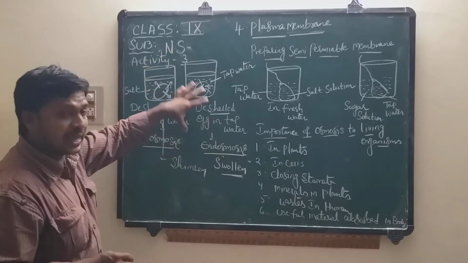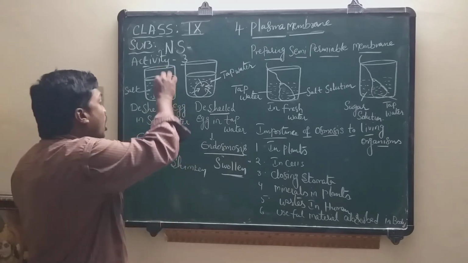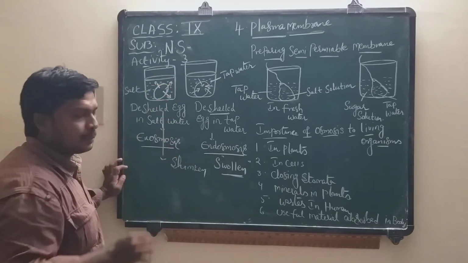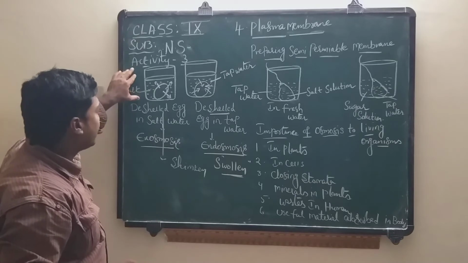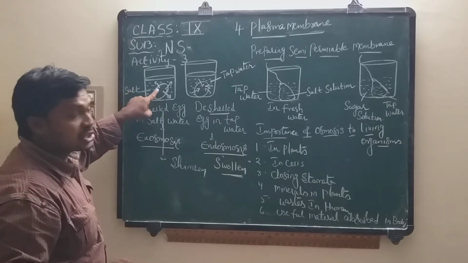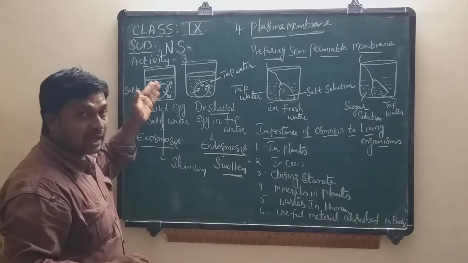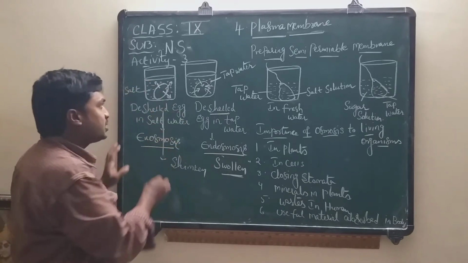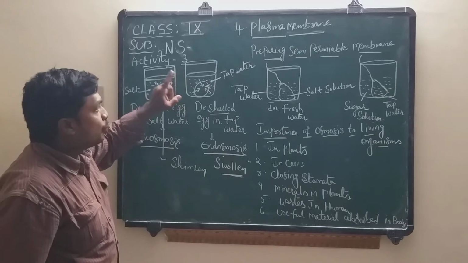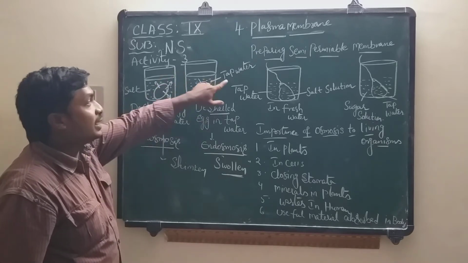If you observe in this activity, dear children, water only moves from one place to another. In the first activity, we kept the de-shelled egg in salt water. Here, the water present in the egg comes outside, that is called exosmosis. In the second activity, we kept the de-shelled egg in tap water.